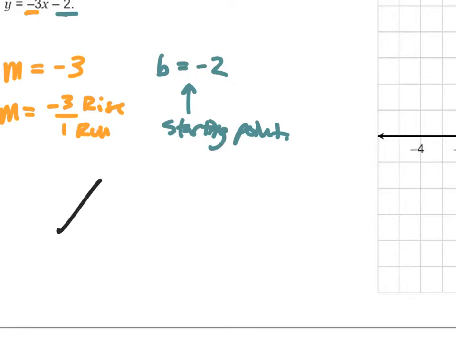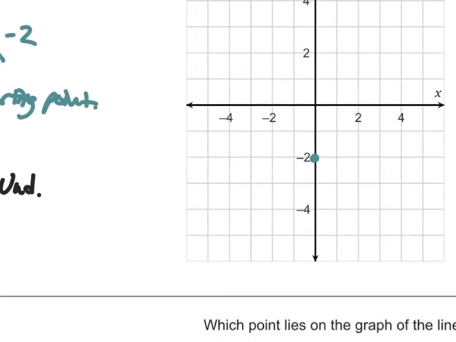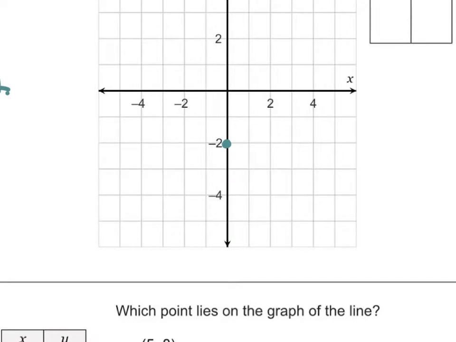Remember, my slopes can either be positive, negative, 0, or undefined, okay? Because we're dealing with a negative slope, I want to make sure it goes this way, all right? So I'm going to go down 3, down 1, 2, 3, and over 1, okay, and plot a new point, all right?